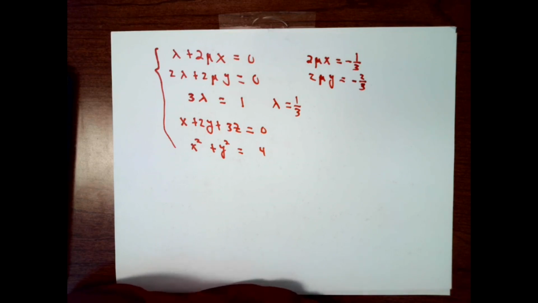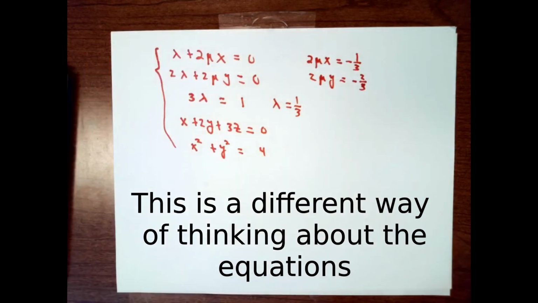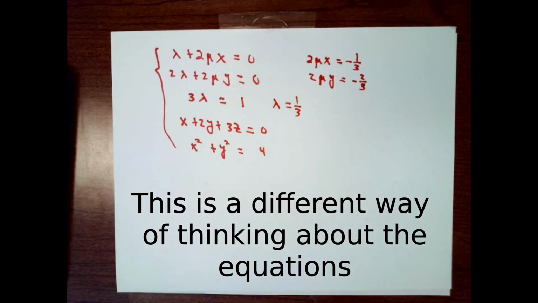Depending on exactly what the system of equations looks like, sometimes you can do various bits of trickery, which we're now going to do. These two equations tell me, among other things, that firstly, mu isn't zero. Also, x can't be zero. Also, y can't be zero.